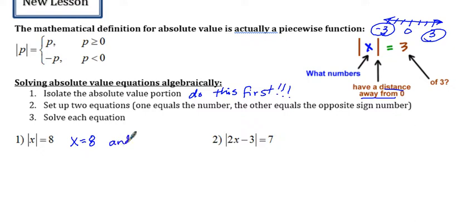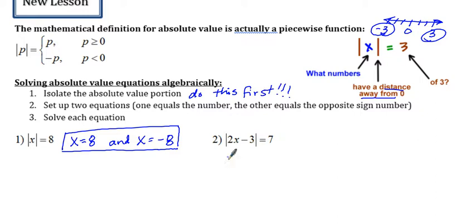And the second equation is x equals the negative 8. Why is that? Well, what numbers have a distance from 0 of 8? Positive 8 and negative 8. There's no more solving to be done. X is already by itself in both. So we have stated the answers to this absolute value equation.